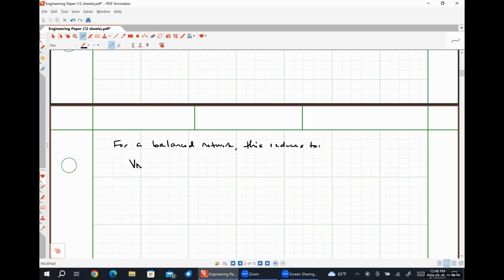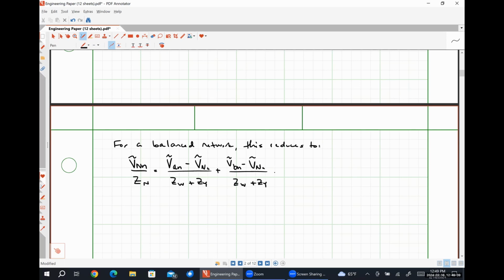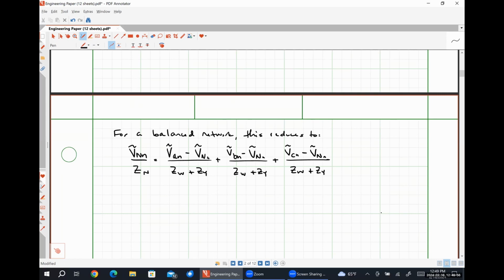So I'm going to have V capital N lowercase n over Zn, that should be capital, is equal to VAN minus VNN over ZW plus ZY plus VBN minus VNN over the same ZW plus ZY plus VCN minus VNN over ZW plus ZY. And now I'm going to move all of the VNN term.